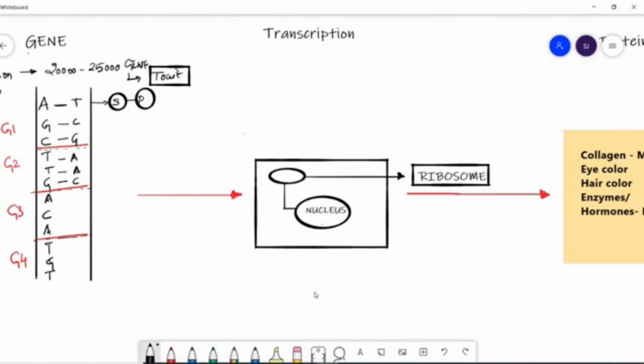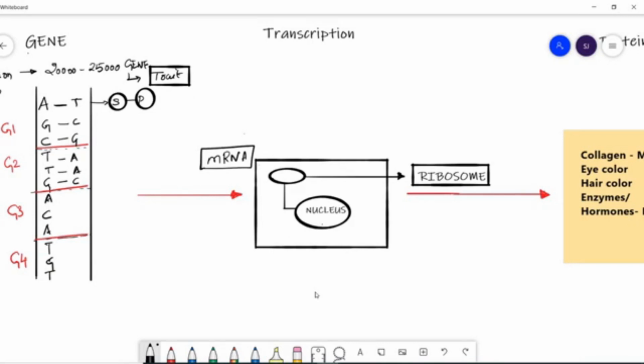For example, in the nucleus, which has the chromosomes containing the DNA, the information from one particular gene for the manifestation of a particular trait gets transcribed into a messenger ribonucleic acid, that is, messenger RNA.